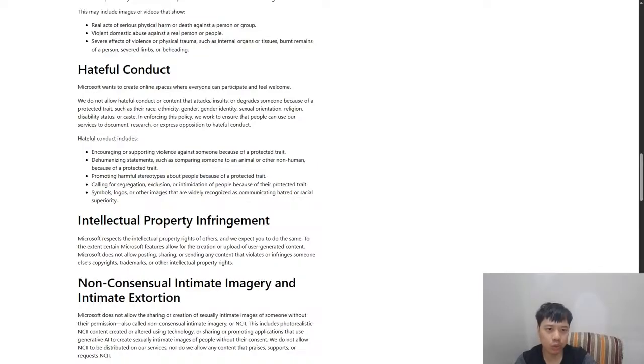Hateful conduct includes encouraging or supporting violence against someone because of a protected trait, dehumanizing statements such as comparing someone to an animal or other non-human because of a protected trait, promoting harmful stereotypes about people because of a protected trait, calling for segregation, exclusion, or intimidation of people because of their protected trait, and symbols, logos, or other images that are widely recognized as communicating hatred or racial superiority.